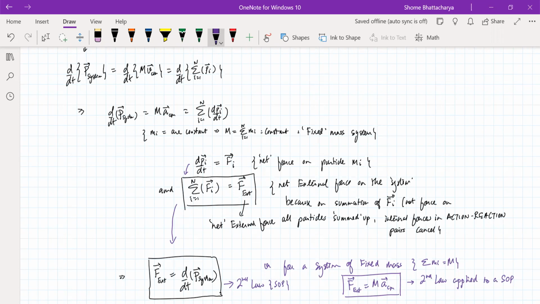When we apply it to a system, we say the net external force, because the internal forces have to cancel in action-reaction pairs. So the net external force on the system is equal to the rate of change of momentum of the system. If the system has a constant fixed mass, capital M, then that becomes equal to the total mass into the acceleration of the center of mass.